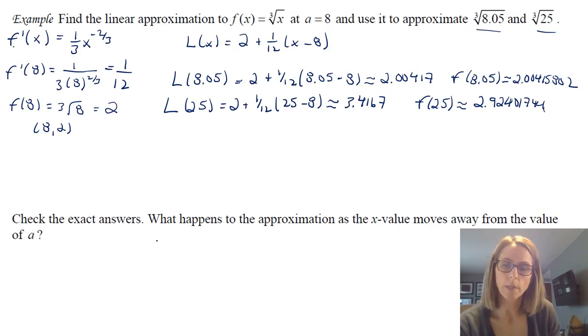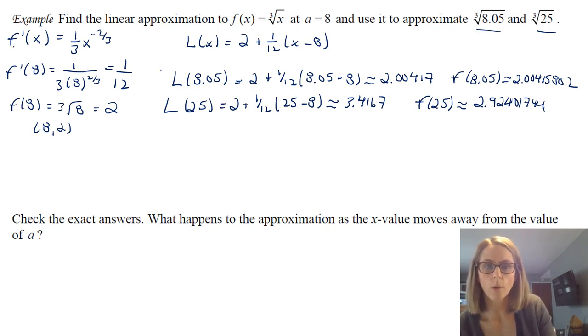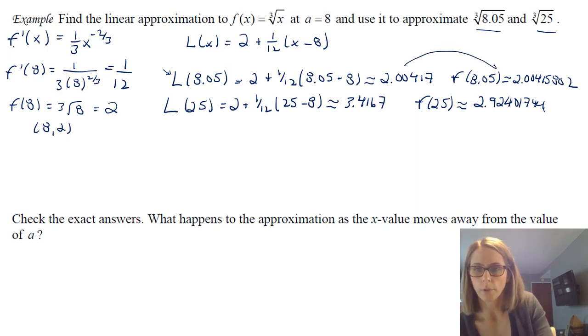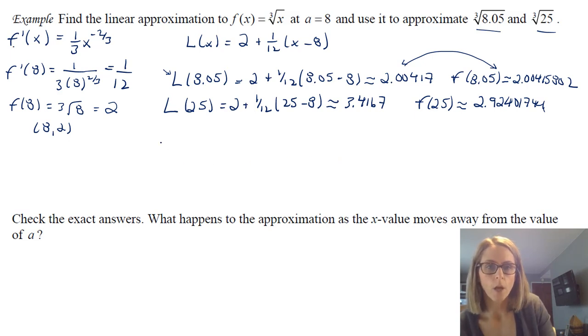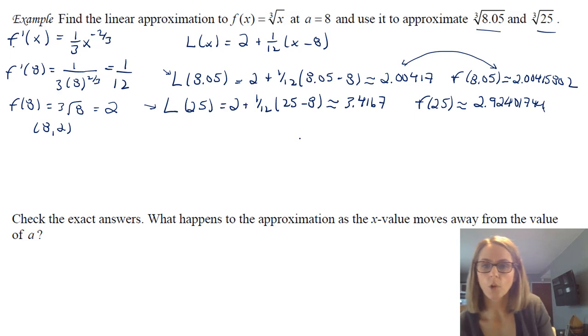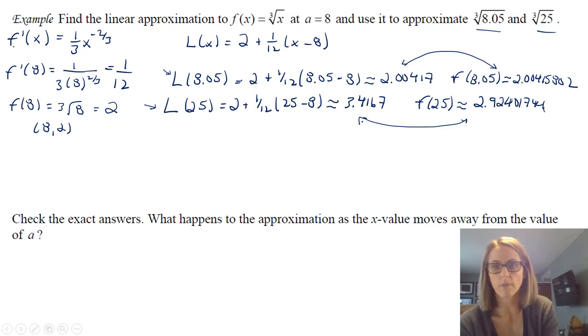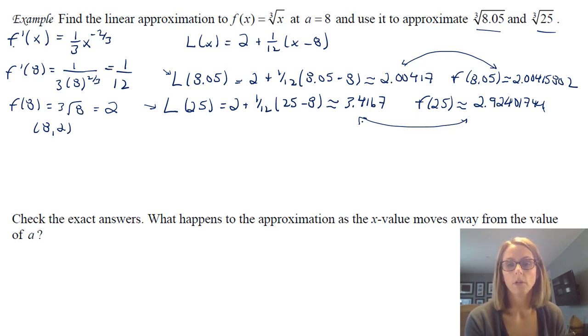What happens to the approximation as the x value moves away from the value of a? So notice when we put in something very close to a, we get answers that are very close for the approximation or the function value. But when we put in something far, this is quite far away from 8, we see that our approximation, while not crazy different, is still not a very good approximation because the tangent line is going away from the curve at that point.